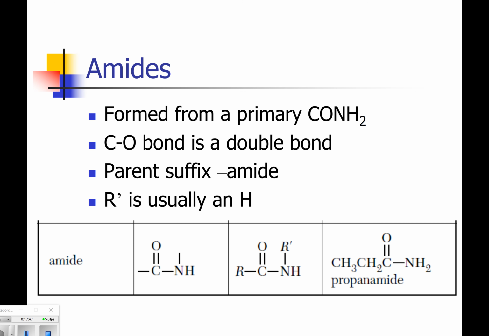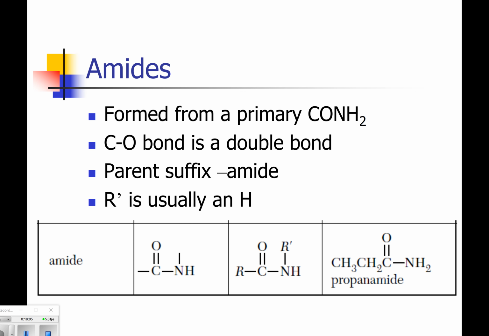Amides is the other functional group that's going to have a nitrogen in it, and I think that's one of the easier ways to identify some of these, is looking to see if we do have nitrogen in there. This will help you rule out a couple of those. It's formed from a primary carbon.